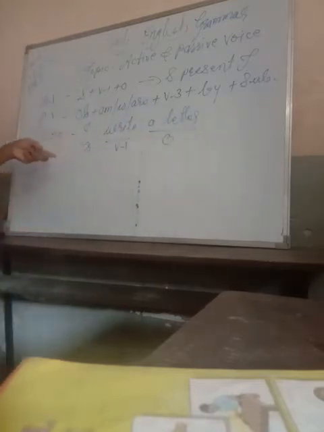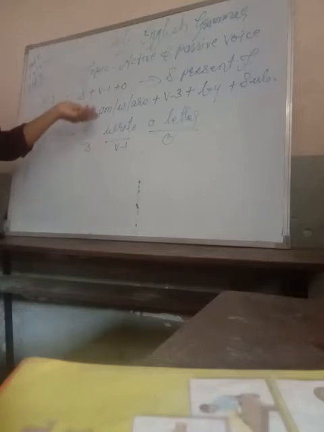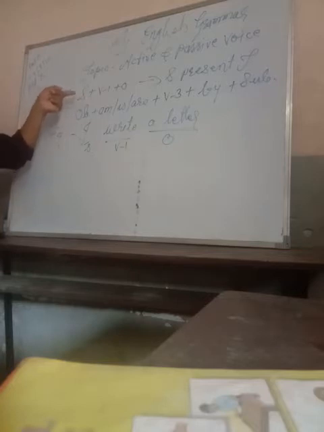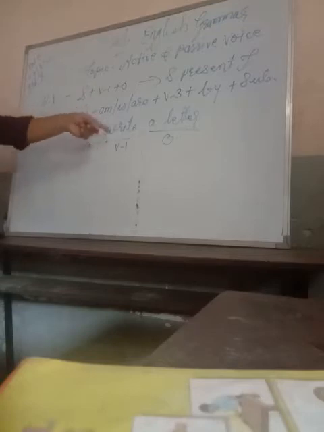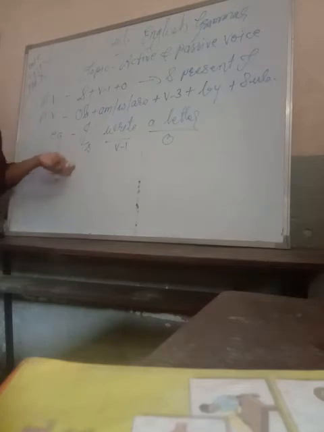So this way, now look, I write a letter. Three factors are found here, as they are written in the formula of active voice: subject plus V1 plus object. Now how can you tell that this is the sequence of the active voice?